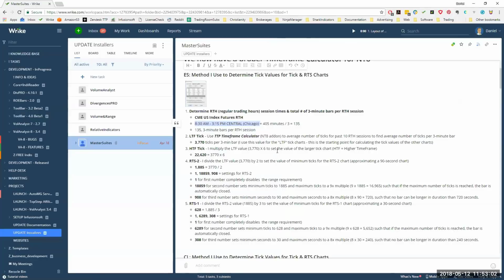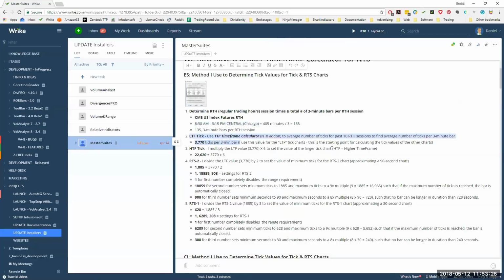Then I'm finding the average number of ticks per session, and then finding what the average number of ticks would be for a 3-minute bar. Then I'm setting that as my lower time frame tick chart.